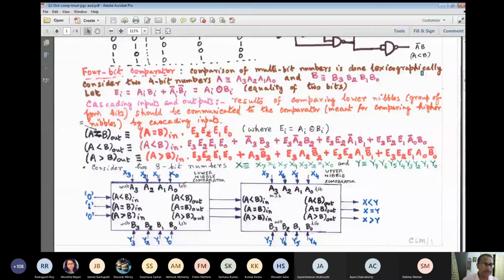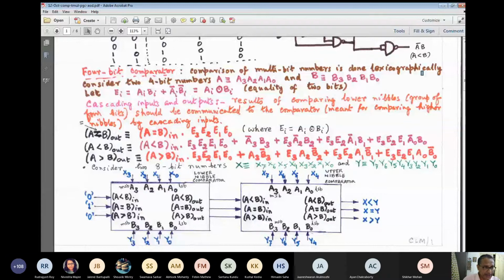Again, E2 means the bitwise equality, whether A2 equals B2, that is, A2 ANDed with B2 or A2 bar ANDed with B2 bar. Finally, E3 means A3 ANDed with B3 or A3 bar ANDed with B3 bar, right? I am writing E3, E2, E1, E0 symbolically, but if you expand it out, E0 is related to A0 and B0.